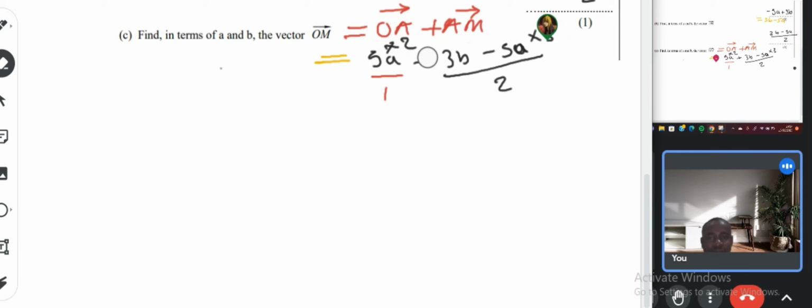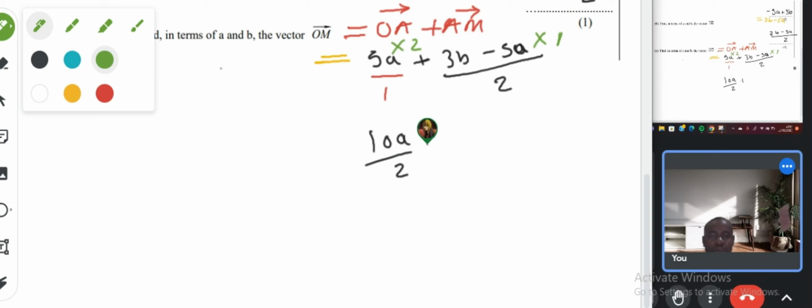I will always require that you use a different color marker so that when you're reading this, it doesn't get mutilated. So times 2 times... What did you multiply this one by? By 1, okay. So plus... Good. All over 2.